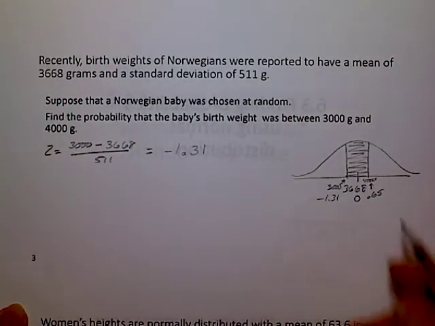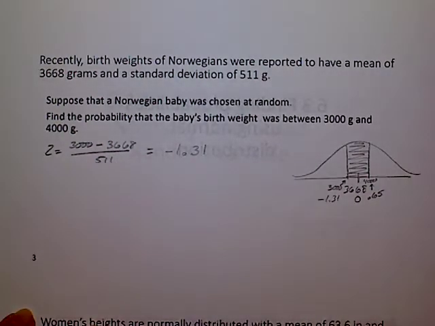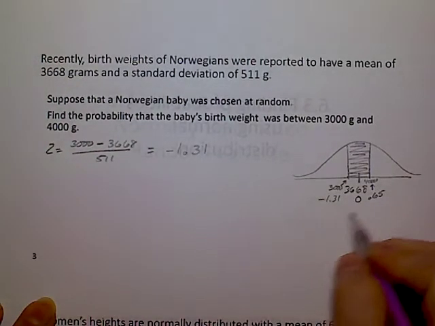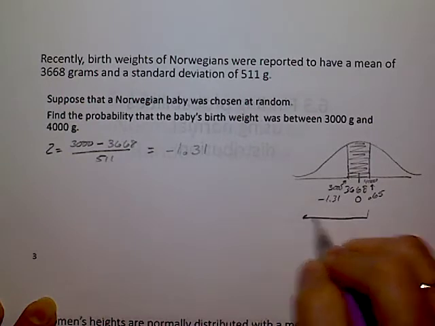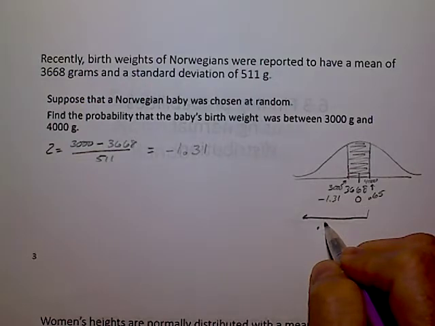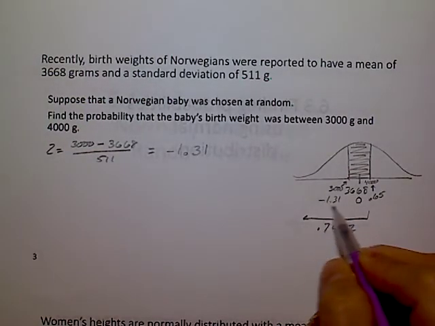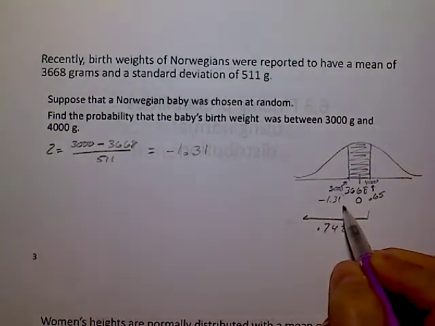All right, so we've changed from the old numbers into the new z-scores so that we're using a standardized amount. Remember when we looked at 4,000, it said that the area to the left was, I forgot what it was, hang on, 0.7422.